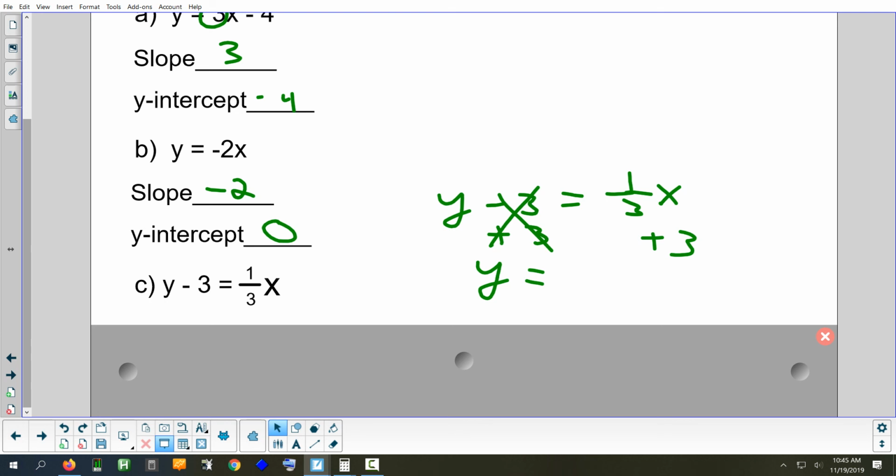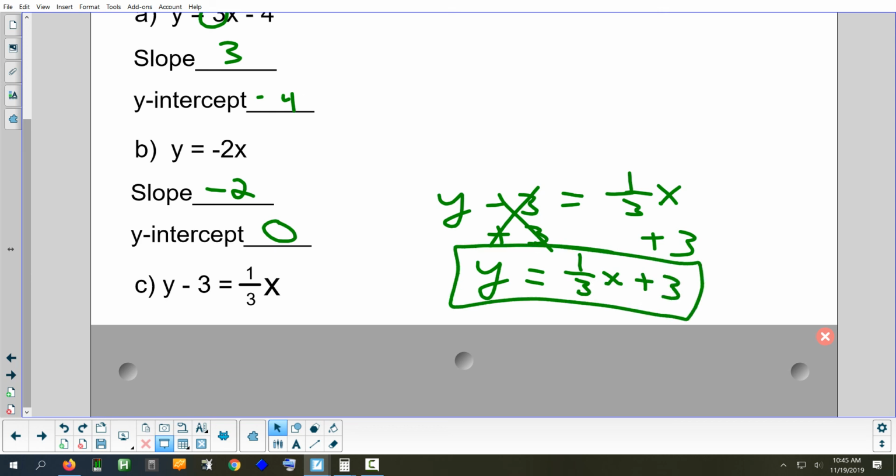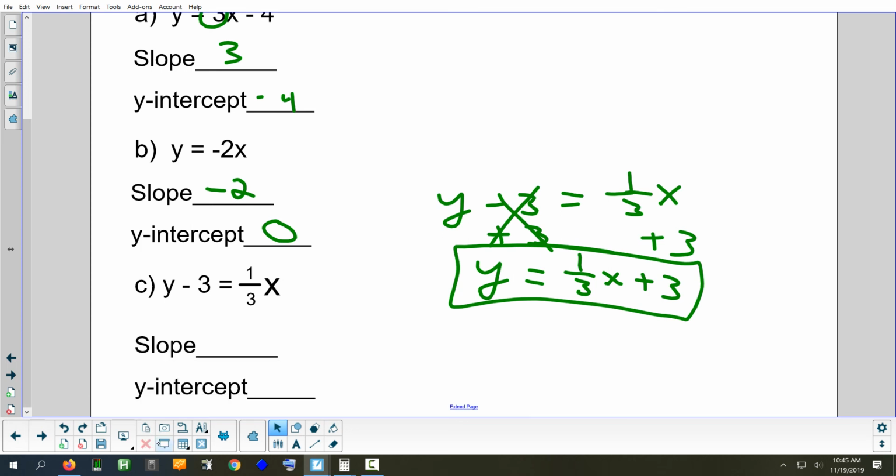What's on the right? 1/3 x plus 3. Now you should be able to tell me the slope and the intercept. What's the slope? 1/3. Anytime we write slope, we'll usually do it as a fraction. And what's your y-intercept? 3. Perfect.